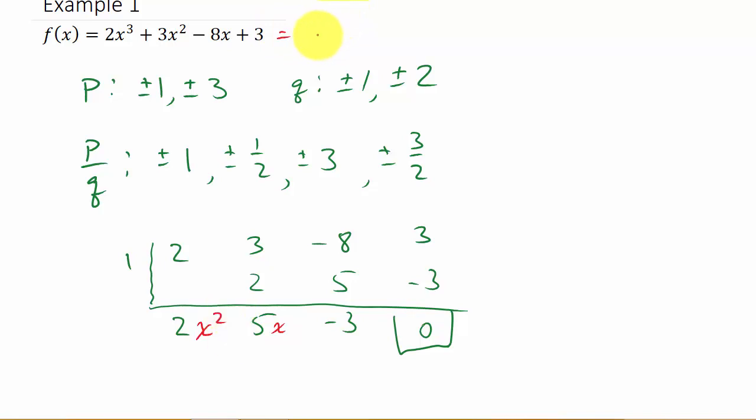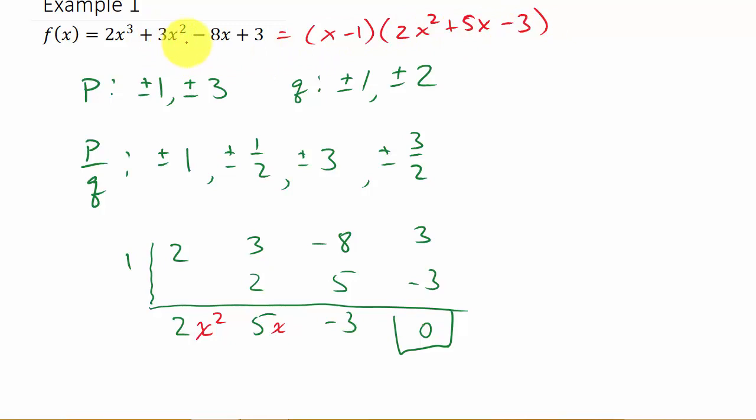It's kind of like we're factoring it. That's x minus 1, because 1 is a 0, times this, 2x squared plus 5x minus 3.